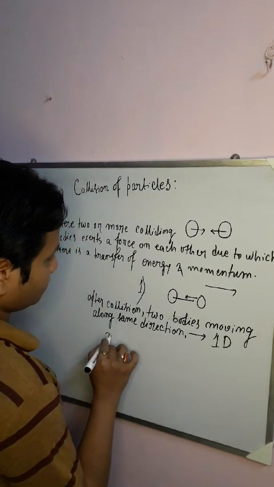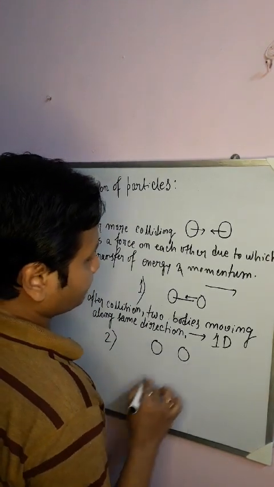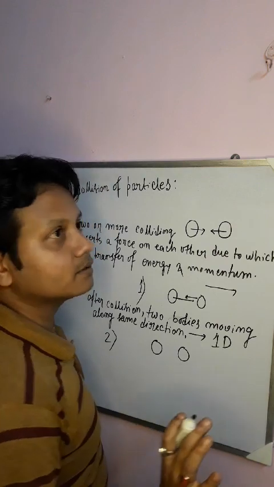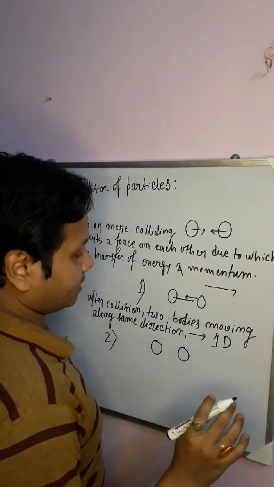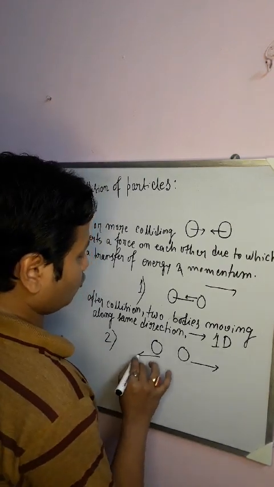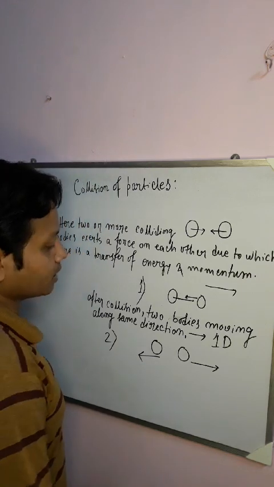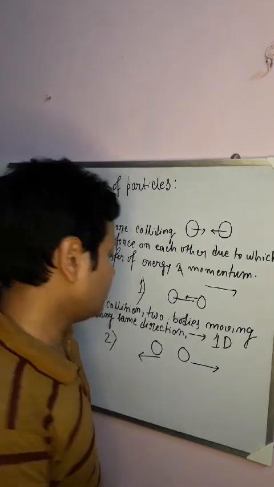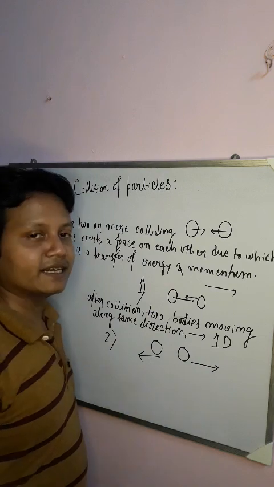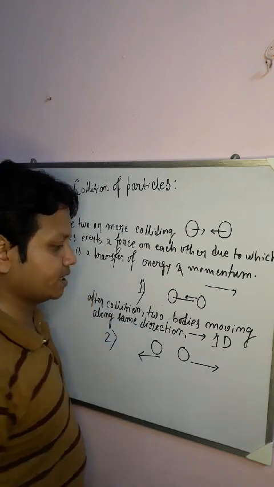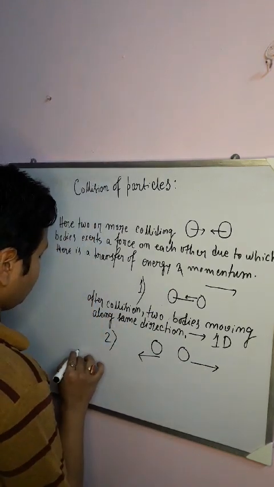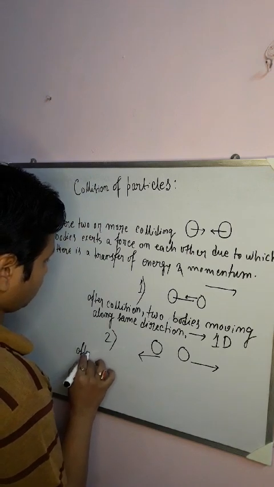And the other possibility is that after collision the striker and the target both can move along different directions. This is also a possibility, that after collision the target and the striker can move in different directions. So this is 2D collision.